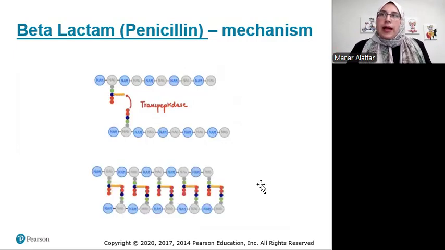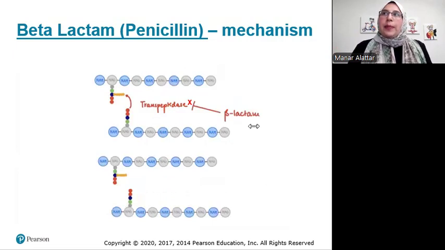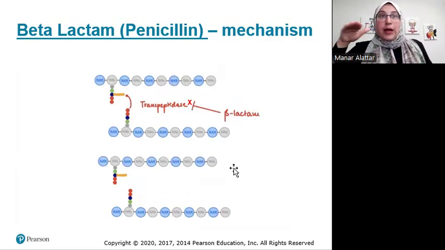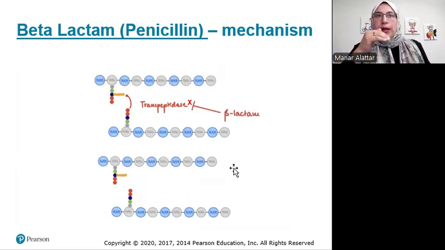And it stays connected, right? Which you see here. But if you have your beta lactam come in and engage with this transpeptidase and actually stop its action, then you're going to end up with layers of NAG and NAM peptidoglycan that are not connected to one another.